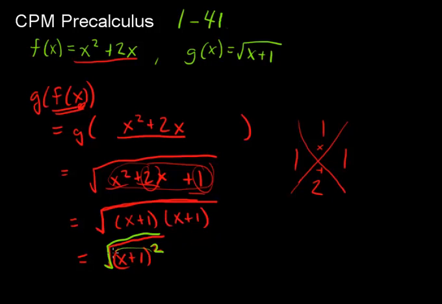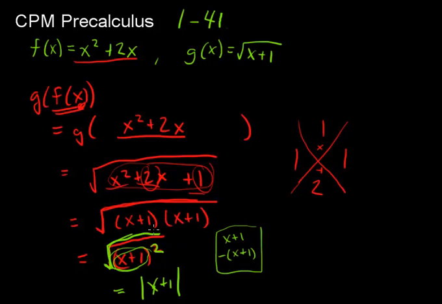But the thing is, what's in here can be either x plus 1, or can it be negative x plus 1? So we have to make sure we want the absolute value of x plus 1 when they cancel, to make sure that we're canceling the square root and the squared correctly.